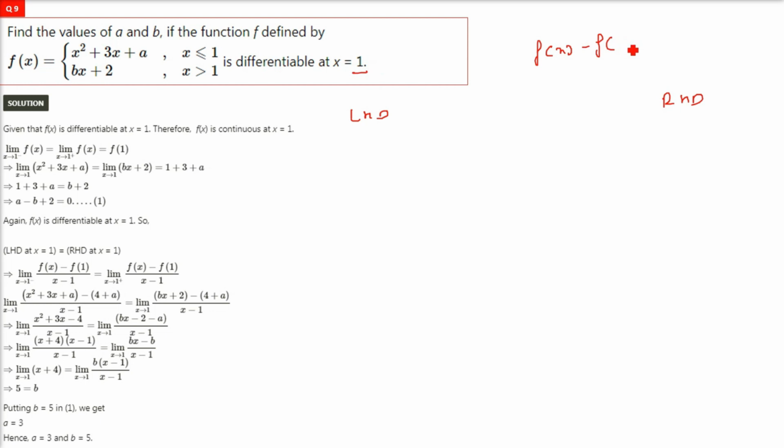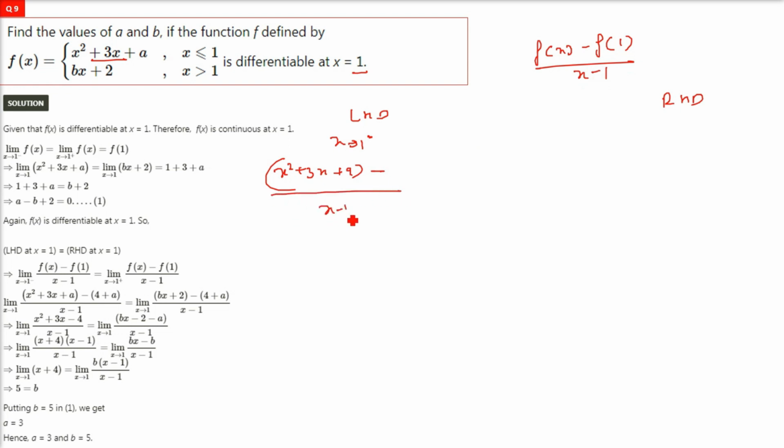C is 1 here, that is the constant at which we have to check the differentiability. So I'm writing directly f(1) divided by x minus c, that is x minus 1. So left hand derivative, x tends to 1 minus, and then this is x square plus 3x plus a. This function you have to use because you are on the left of 1, and minus f(1).